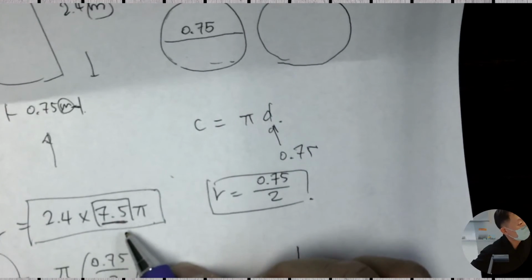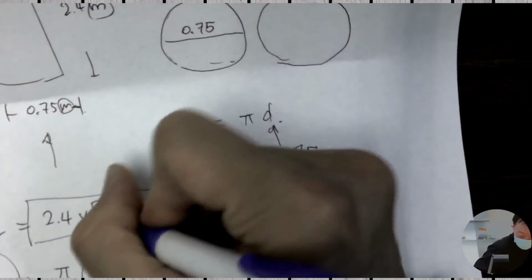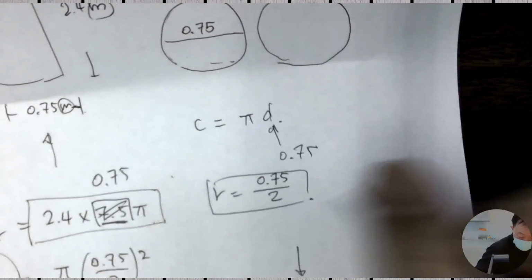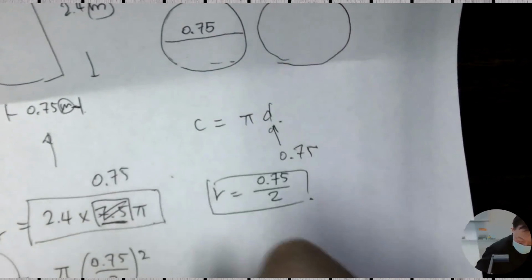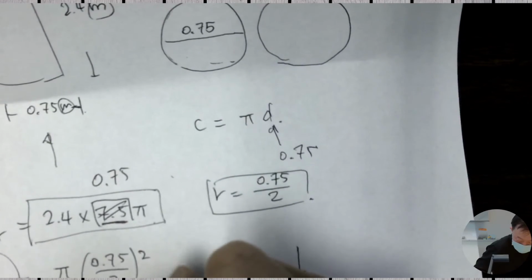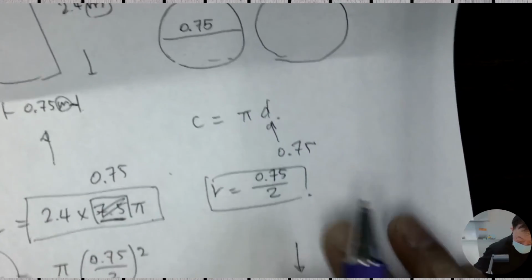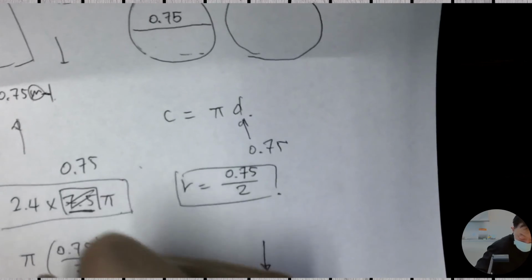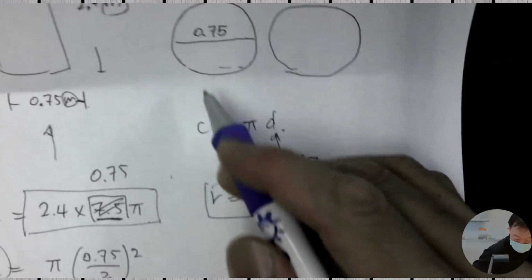That should be 0.75. All right, so 0.75, not 7.5. 0.75. That's why my answer is different from the book. The height is 2.4, and this diameter is 0.75.